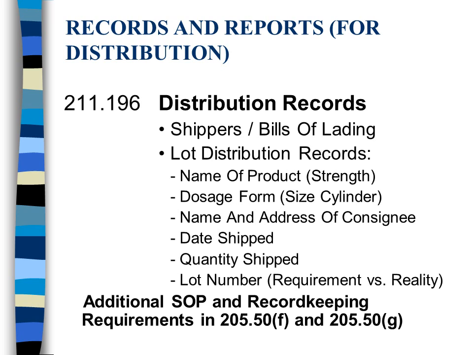It has the quantity shipped. You will also have the quantity returned. Again, the lot number is a requirement. There are many, many more requirements in these two sections listed here, 205.50(f) and 205.50(g), most of which do not apply to the compressed gas business.